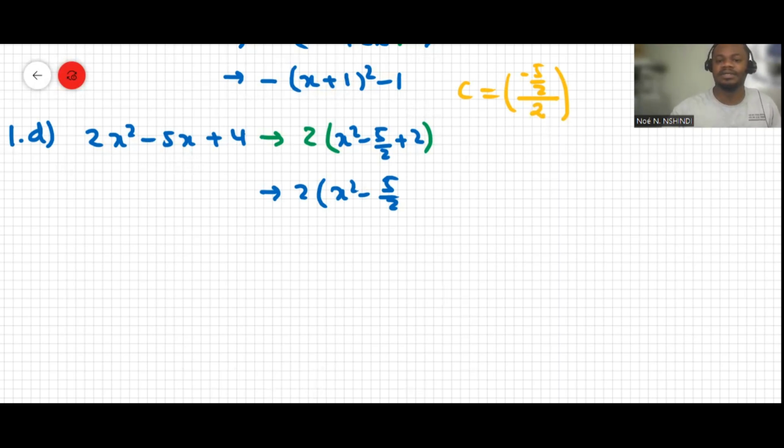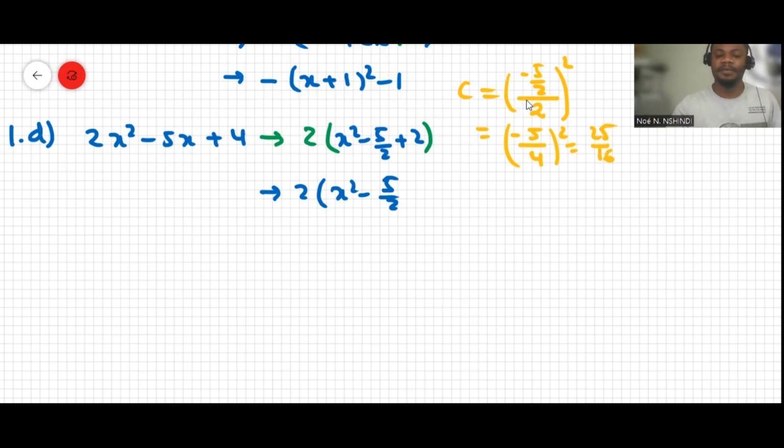Then this is basically negative 5 to the power of 2, that makes negative 5 over 4. When we have a fraction like this, you can just times the denominator. So negative 5 over 4 to the power of 2, which is 25 over 16.